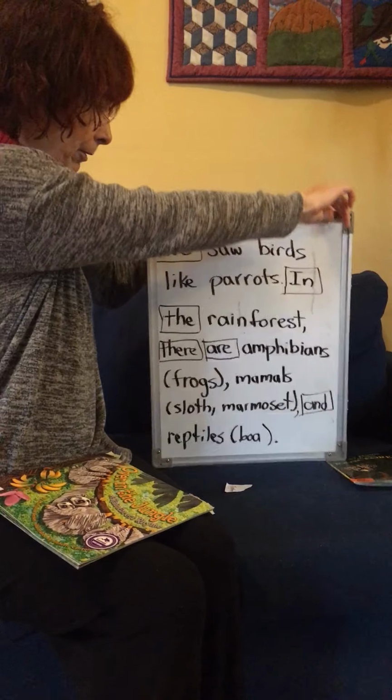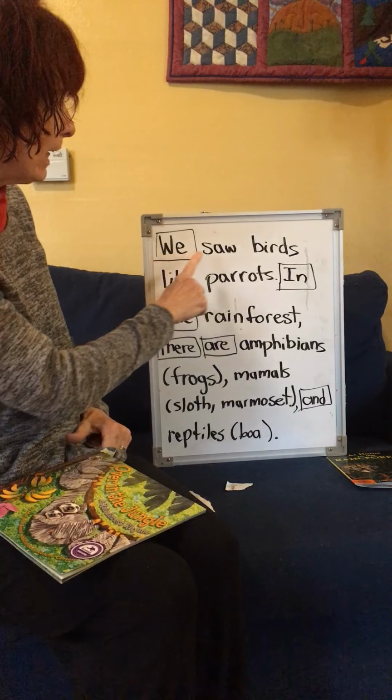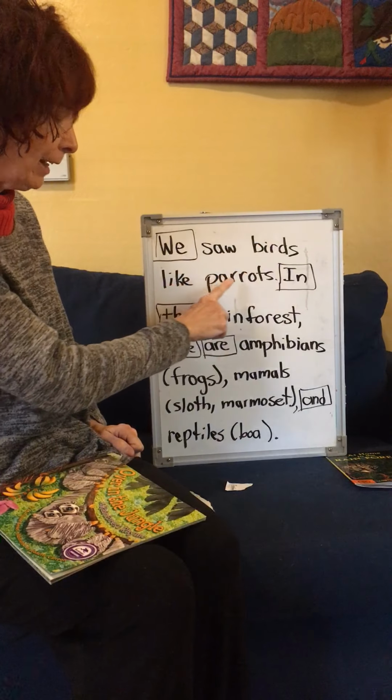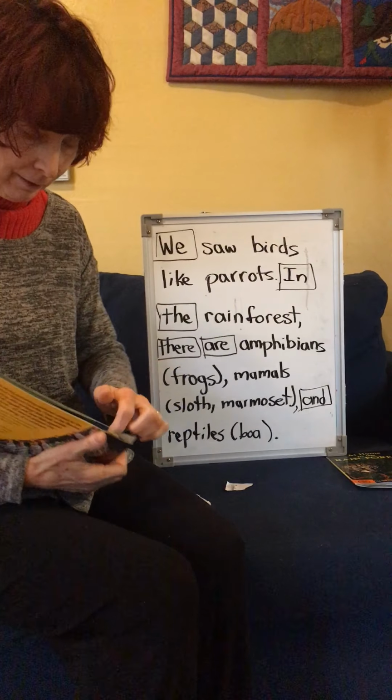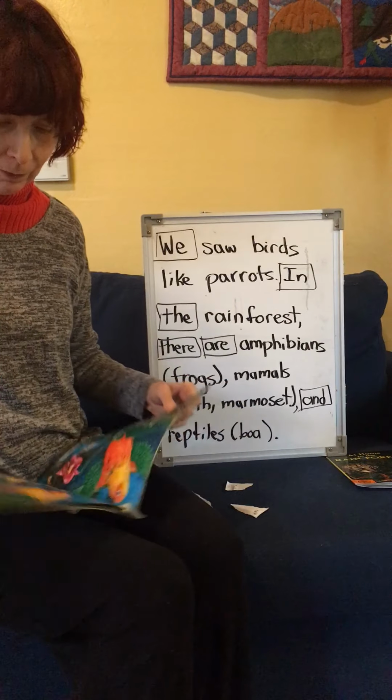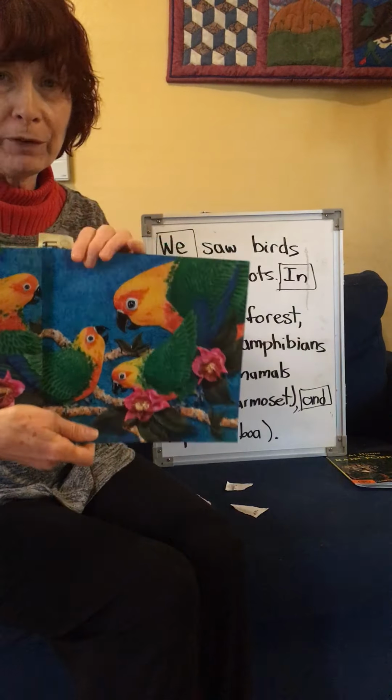There were more animals. We saw birds like parrots. Remember these brightly colored parrots with the very sharp beaks? We're going to be talking about these kind of beaks later.